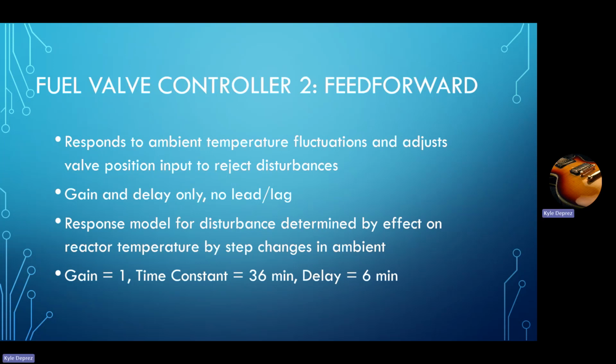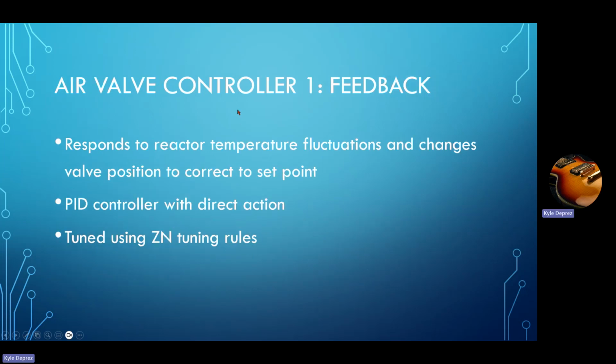After obtaining this model, we were able to get a rough model of disturbance response of a gain of 1, a time constant of 36 minutes, and a delay of 6 minutes. Because the time constant was very similar to that of the process, we had no lead lag term and only gain and delay terms for the feed forward control transfer function.